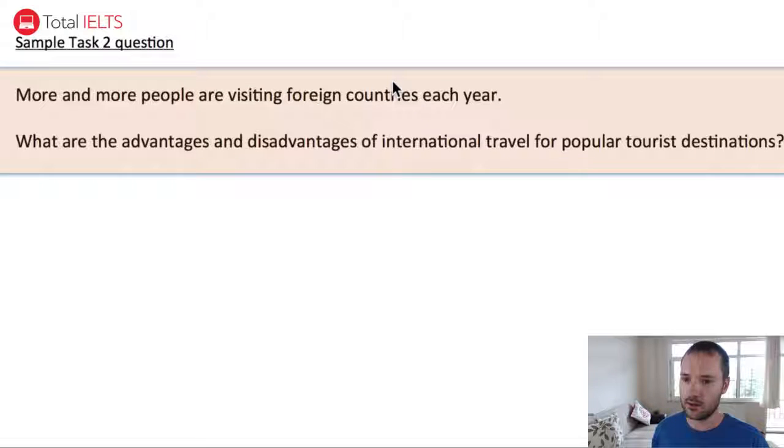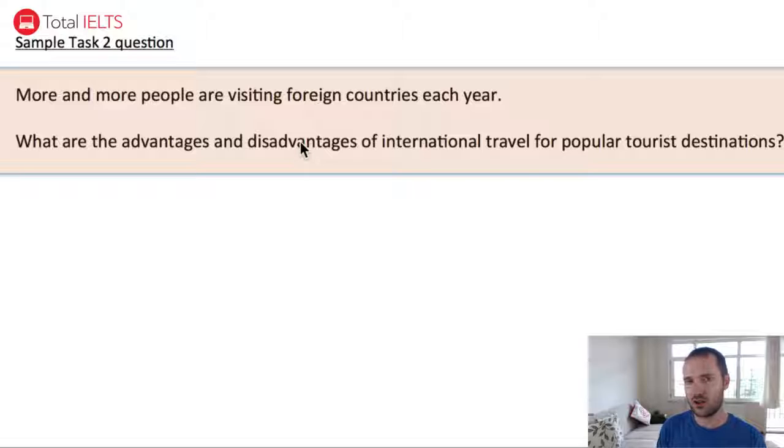A weaker candidate will read this question and think that the answer is entirely about tourism. Now, in a way it is, but it's a lot more than writing about tourism. Because if you can see the last part of the question, they want the advantages and disadvantages.